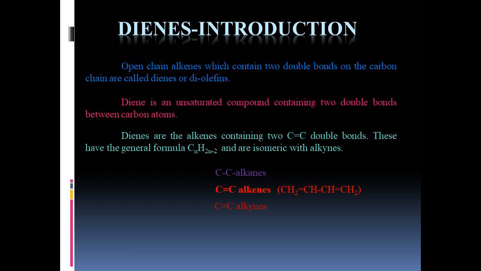and are isomeric with alkynes. You can say alkanes means carbon is coming for the single bond. Alkenes, carbon coming for the double bonds. Alkynes, carbon coming for the triple bonds. So you already know saturated and unsaturated hydrocarbons.